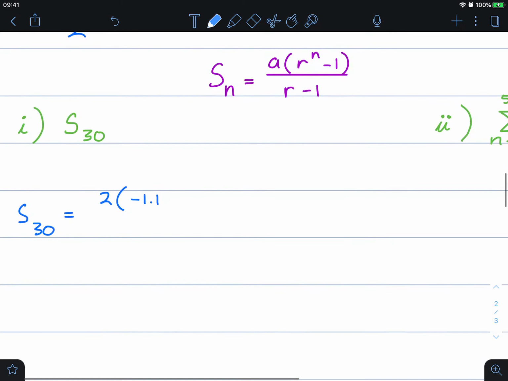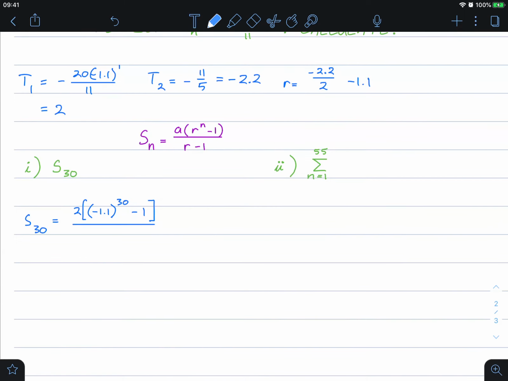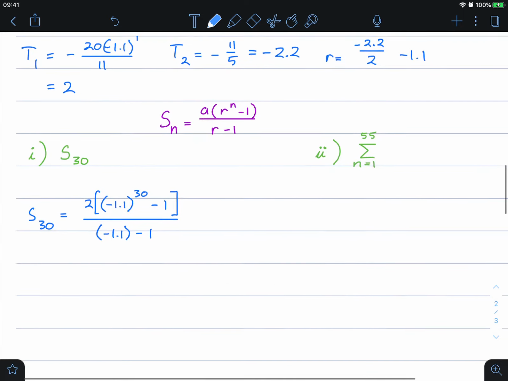When it comes to substituting negative ratios, it's best to input them in a bracket like this, because it prevents any errors when typing it into your calculator. The same goes with the denominator: negative 1.1 minus 1.